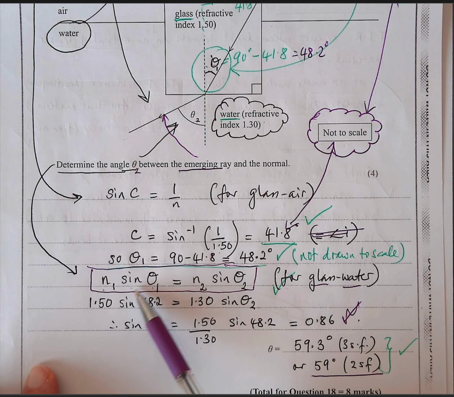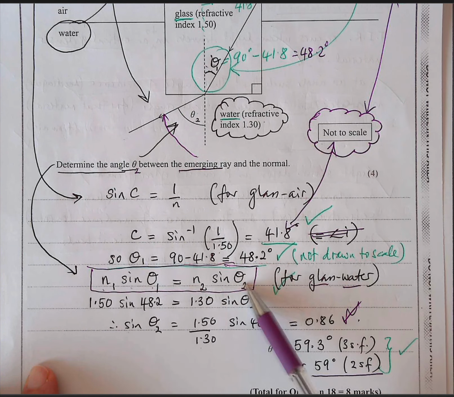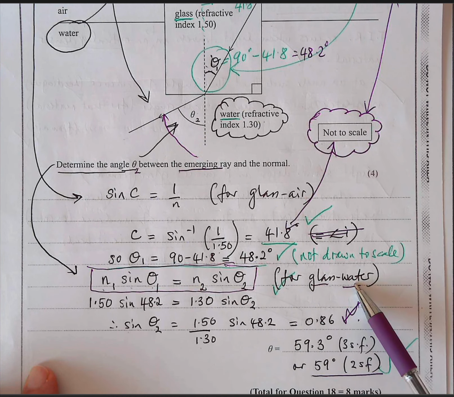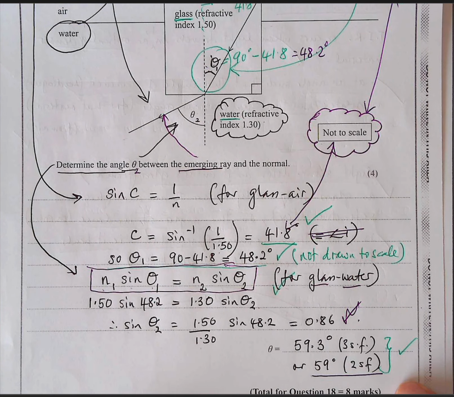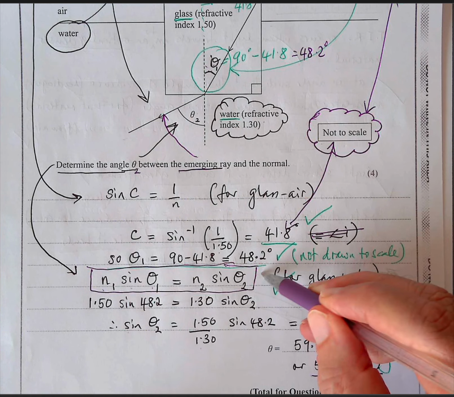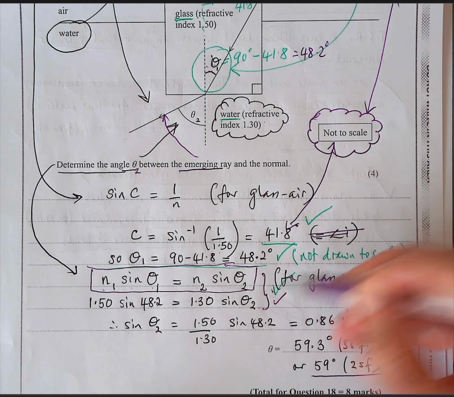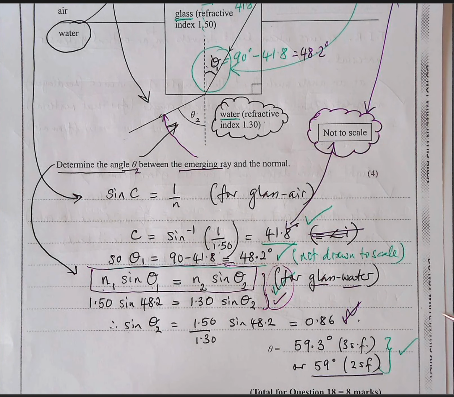So we know this, we know this, we know this, we don't know sine theta 2 for the glass water situation. You put the numbers in the equations, inserting your numbers, you'll get 1 mark for that, presumably, and then I think there's 1 mark for doing this, yeah, which is my green tick hidden underneath the black writing. So 1, 2, 3, all you've got to do is then solve for it, and you'll get 59.3 degrees.